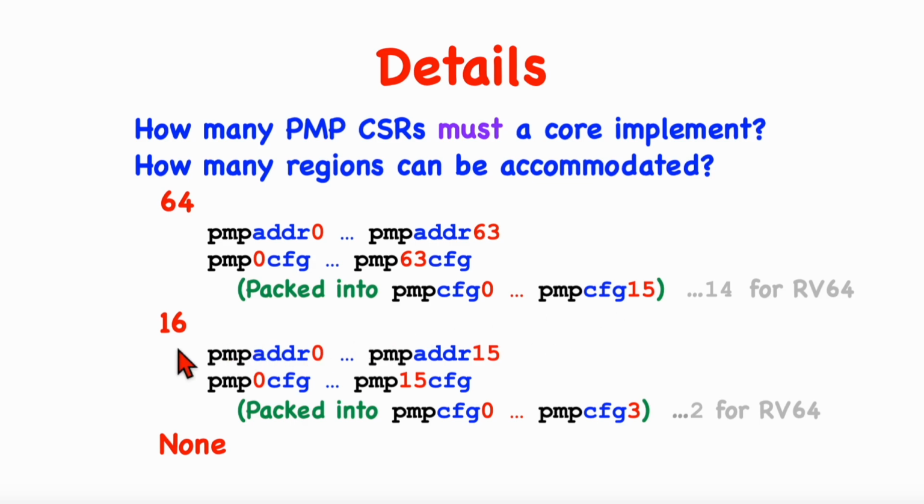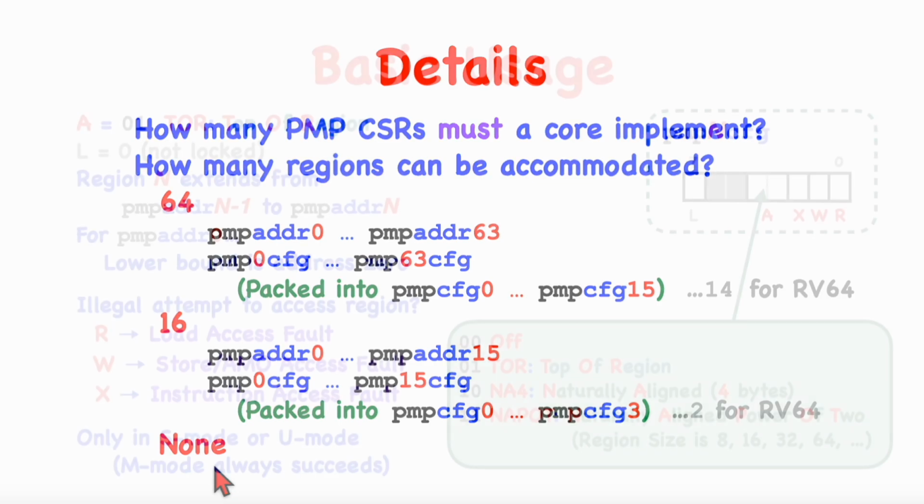For systems that implement only 16 regions, we'll have 16 address registers and these 16 configuration bytes. And for systems that don't implement the physical memory protection system at all, none of these registers would even exist.